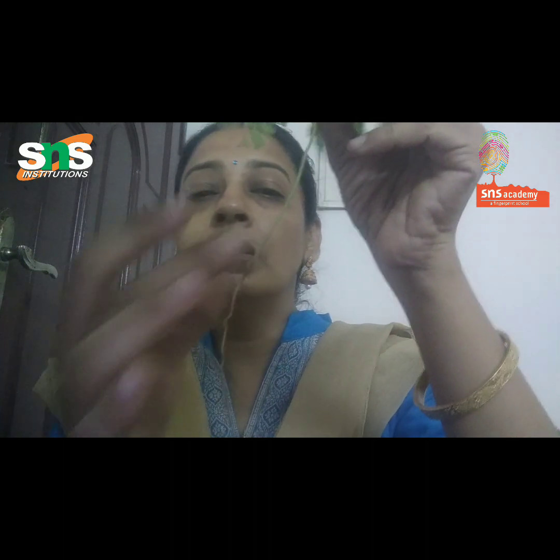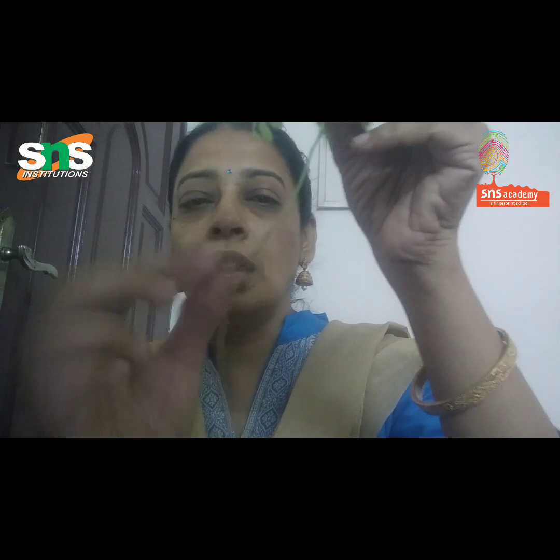Okay, coming to the dicot plant, they are grown from seeds which have two cotyledons. From the base of the stem, if you take the roots, they have the main root, the central root that runs down.